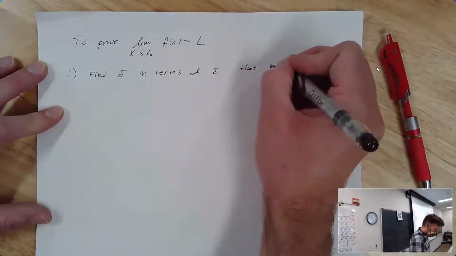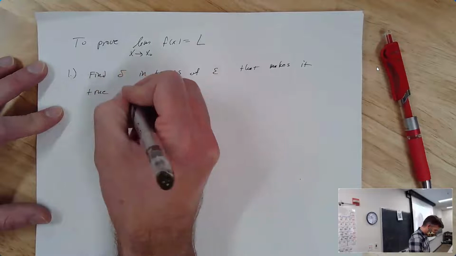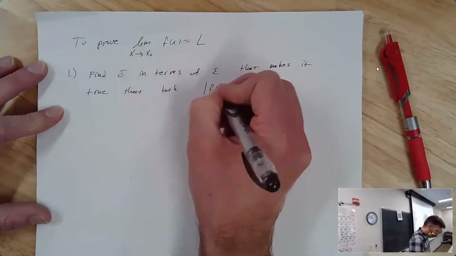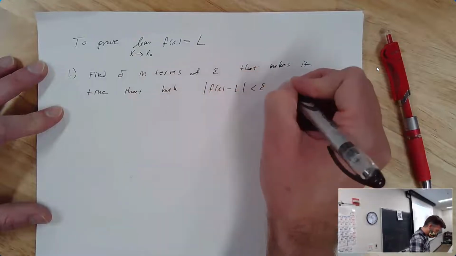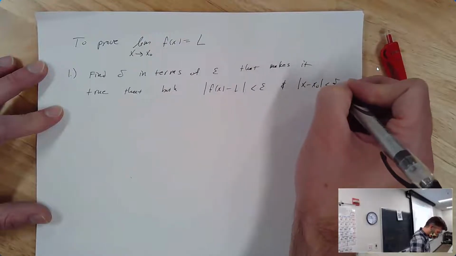That makes it true that both the absolute value of f of x minus L is less than epsilon, and the absolute value of x minus x naught is less than delta.